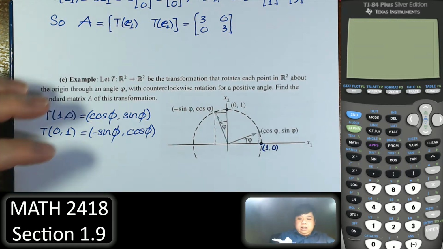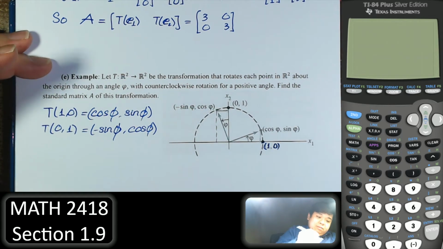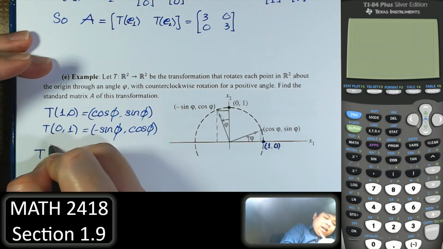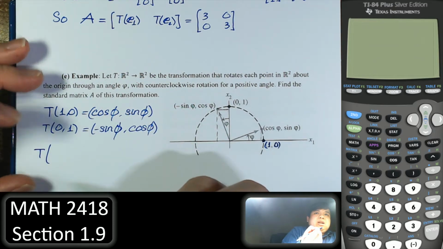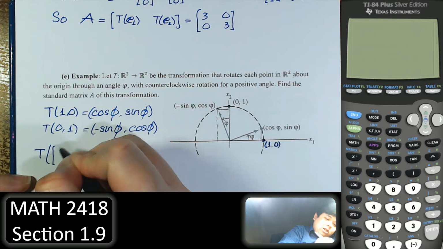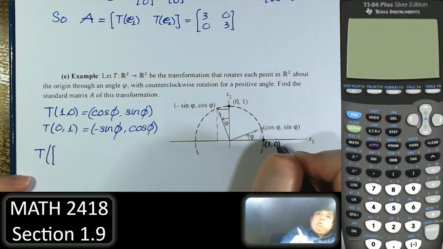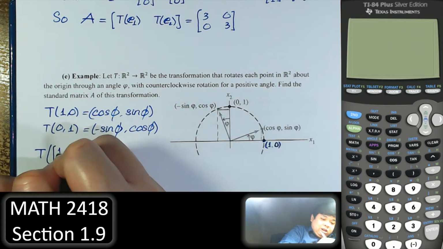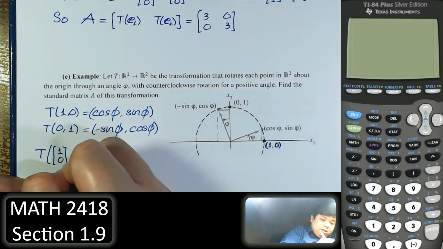Now what we write is the transformation. Now instead of writing a point, I can use the column as a vector, right? So T applied to the vector, instead of writing 1 comma 0, I write the column vector 1, 0.